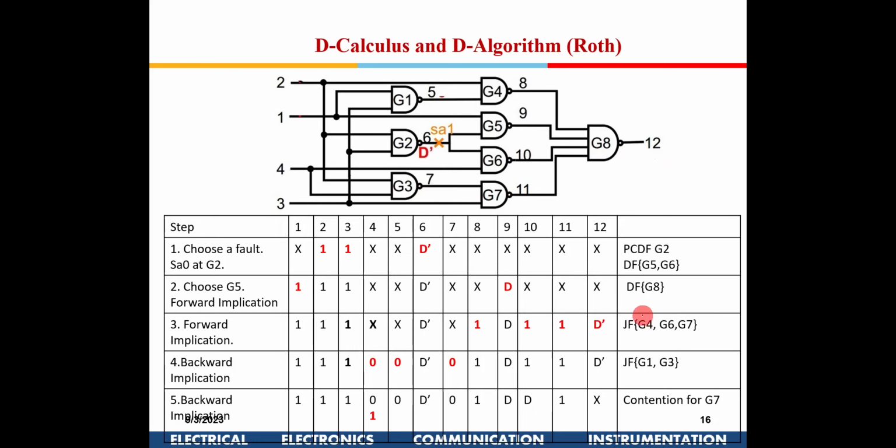So we came here. Now G4, G6 and G7 have been brought onto the D-frontier. Now I do a backtrace. I need to clear all these D-frontier gates. For G4, I need to get a 1 there. 2 and 3 are already 1, so 2 is already right.